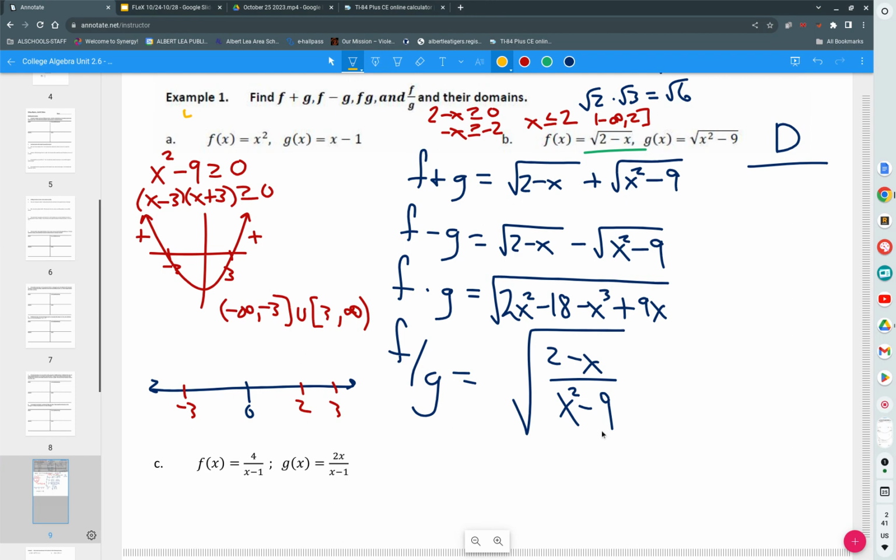I can see that this domain right here can be expressed as a graph like that and like that. And the other domain of x less than or equal to 2 can be expressed like this.